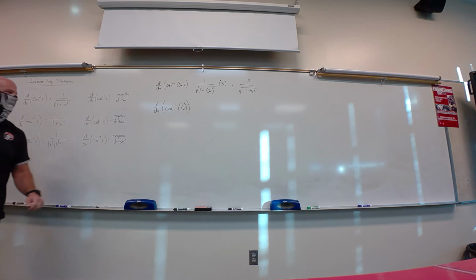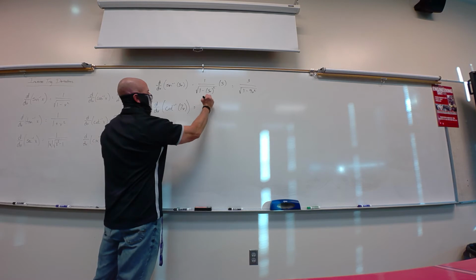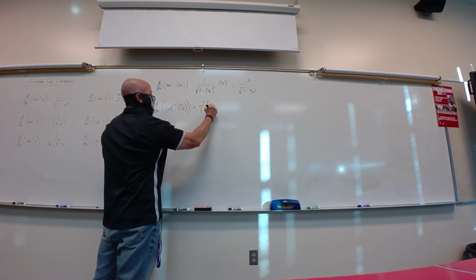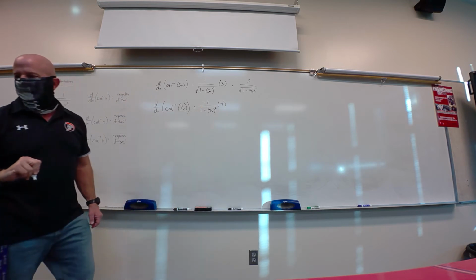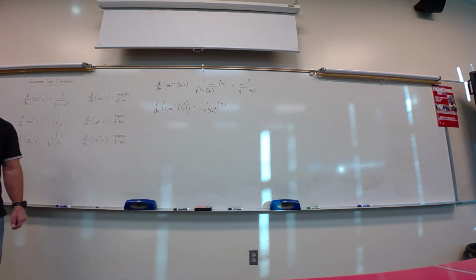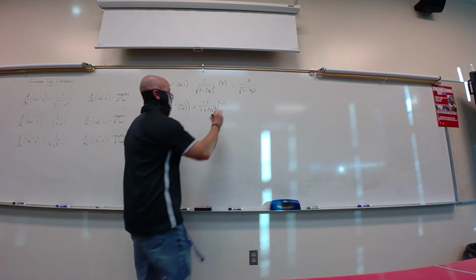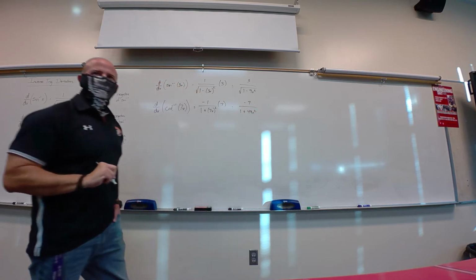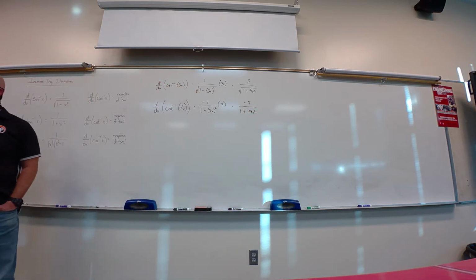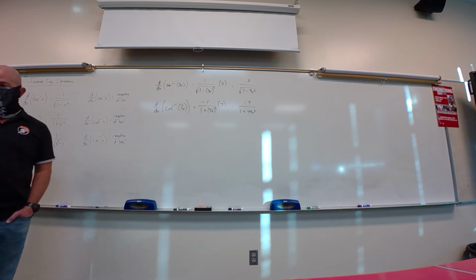So we would have negative 1 over 1 plus 7x squared, and then times 7 for that chain rule piece. Everybody okay there? Clean it up a little bit. Negative 7 over 1 plus 49x squared. Everybody okay there?